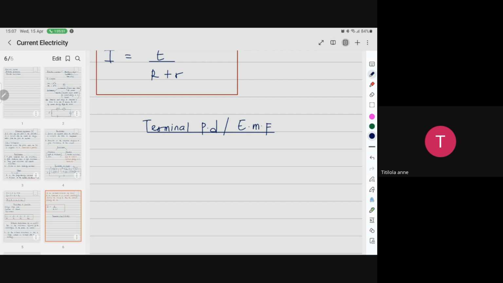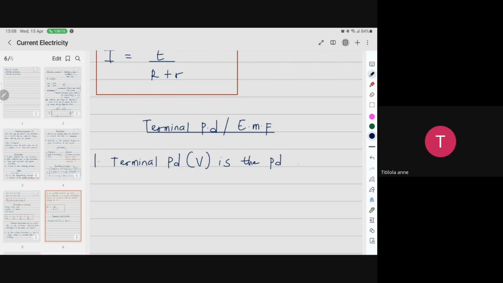Number one, the terminal PD, terminal PD, not thermal, don't mind me. Terminal PD represented as V, right?